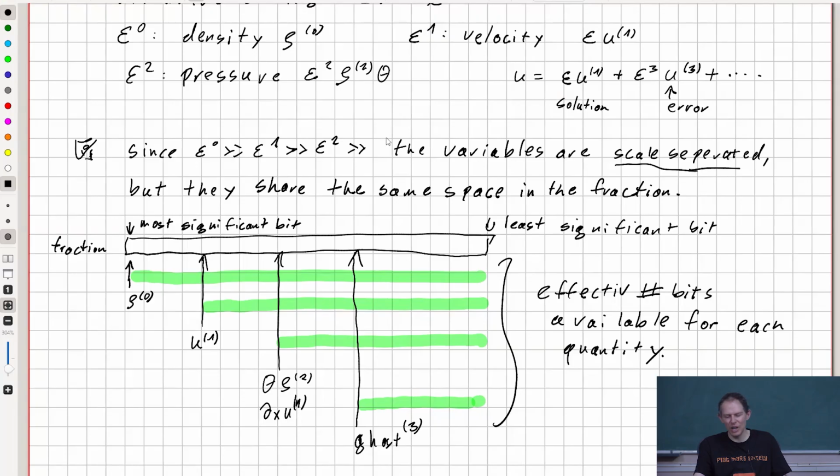Yeah, but in reality it's finite, and we see that, for example, for the pressure and the stress, we have much less space to store it than for the velocity. And these differences here, they are scalable. So if you start with a smaller velocity, these other things become yet smaller again.